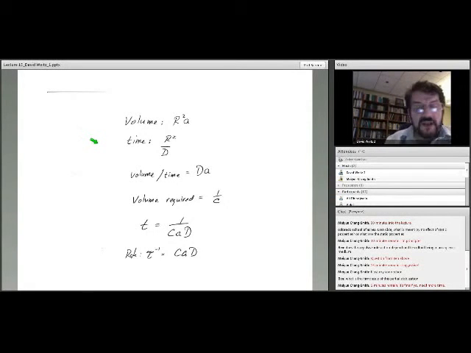The volume required is 1 over the concentration. If you use this and calculate the time, you get this expression here: 1 over the concentration times the particle size times the radius. And this has a completely different scaling. This is really the time it takes for two particles to collide.